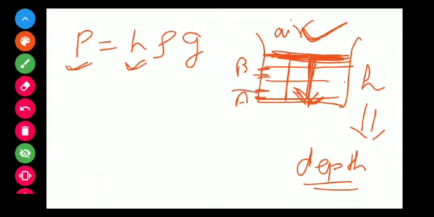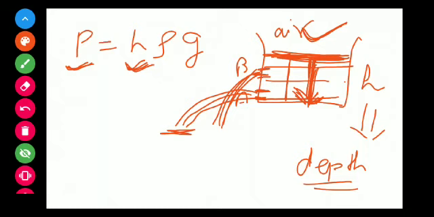So the pressure at point A is greater than the pressure at point B. Why? Because the pressure of a liquid depends upon the depth or height of the liquid, measured from the free surface, and the depth of A is greater than the depth of B.